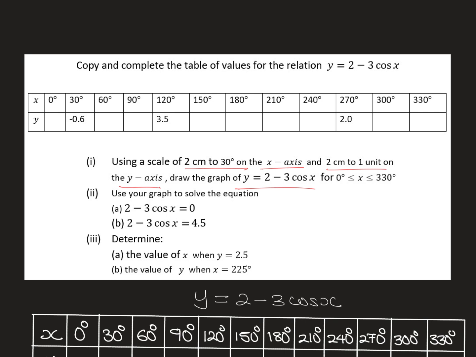So it means the range for the values of x is from 0 degrees to 330 degrees. We will now move on to the graph sheet and begin to supply the answers.